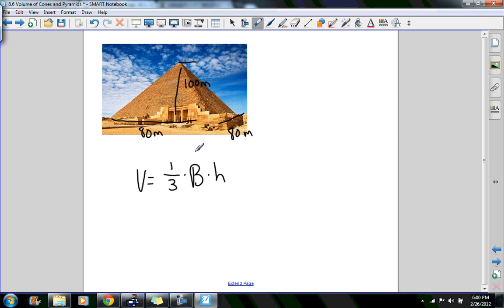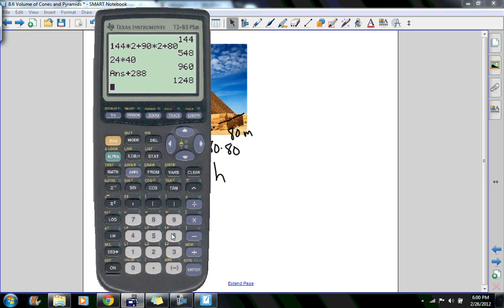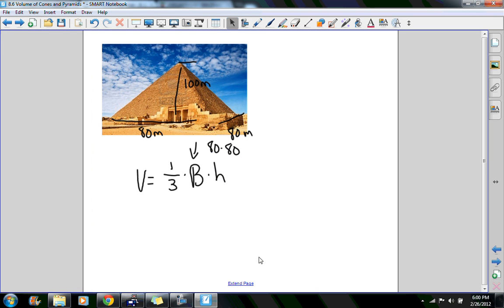The area of the whole base here is going to be 80 times 80, which will be 6,400. So we'll do volume is equal to 1/3 times 6,400, and the height is from the apex straight down to the center, 100.